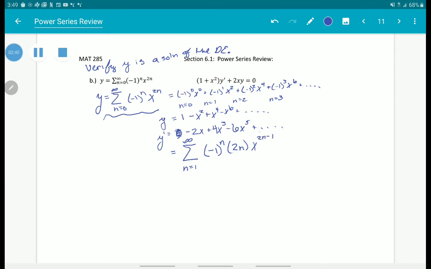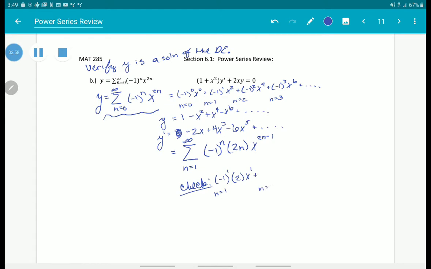Now, let's see if this matches what those terms would be. So, let's do a check. If n is equal to 1, we're going to have a negative 1 to the first times 2 times x to the first.